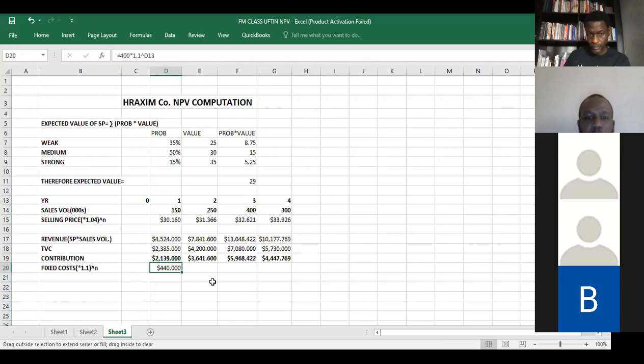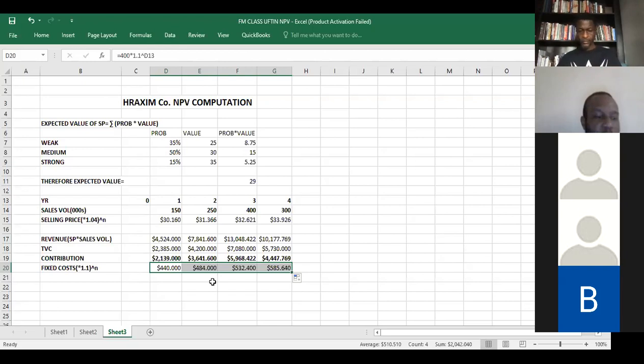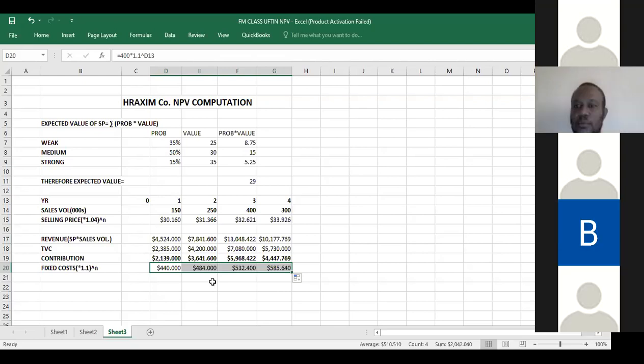Let's be careful to ensure that the fixed cost. Now, another thing, be sure that our fixed cost is, did you hear what I said? How will you differentiate?